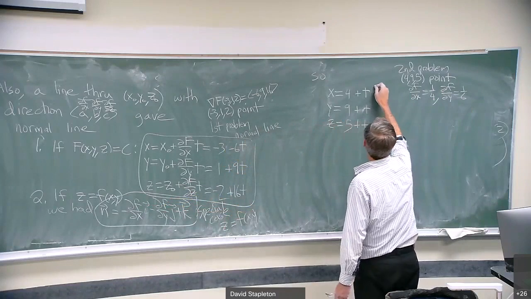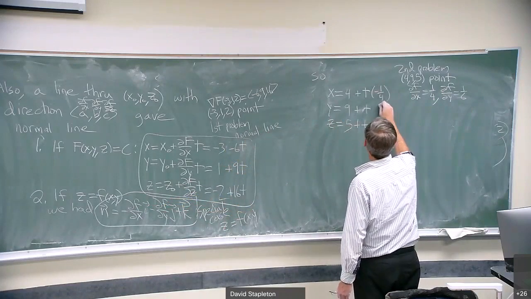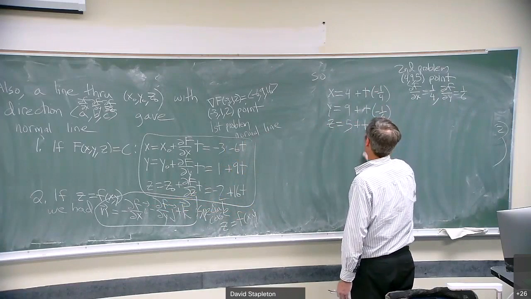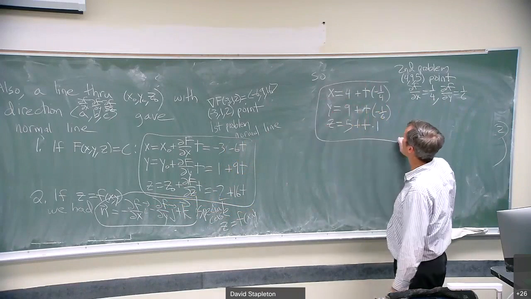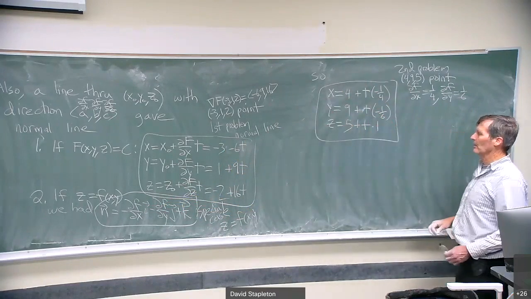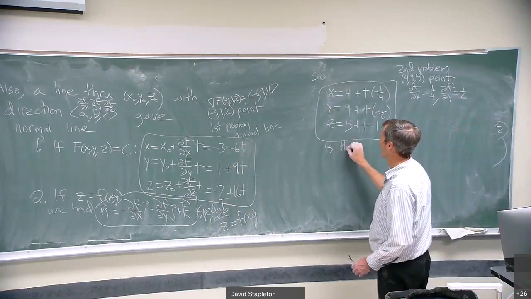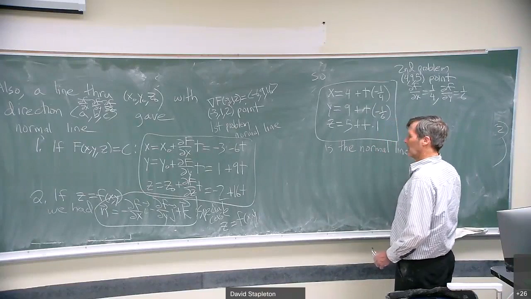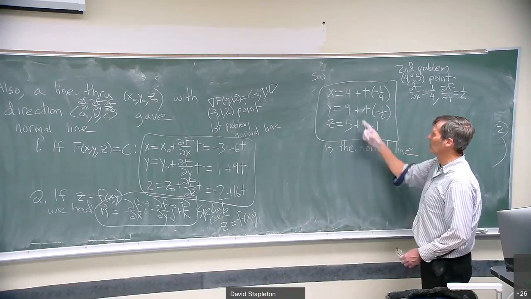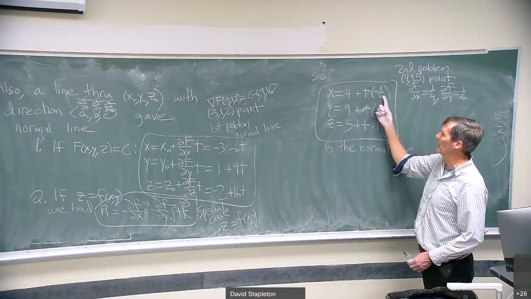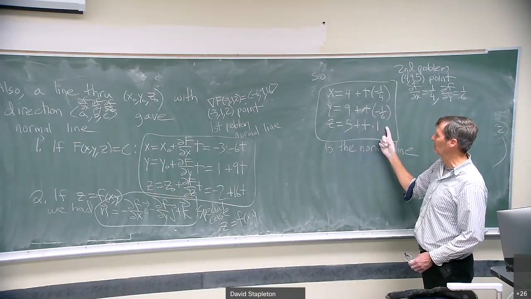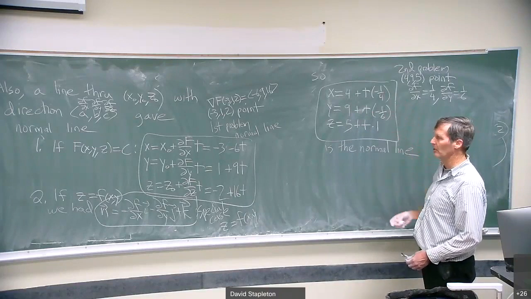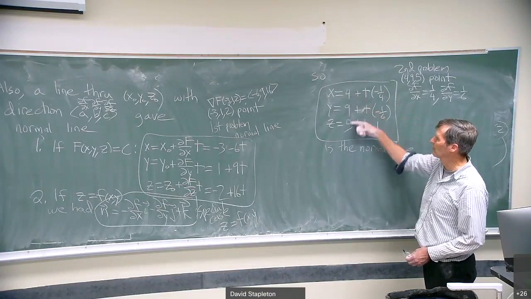So this would be minus a fourth, minus a sixth, and plus 1. So there's the equation of the normal line. You just write down the usual parametric form for a line, x0 plus at, y0 plus bt, z0 plus ct. But here, you put minus df dx, minus df dy, and 1 as the normal vector. And these are just the point coordinates.